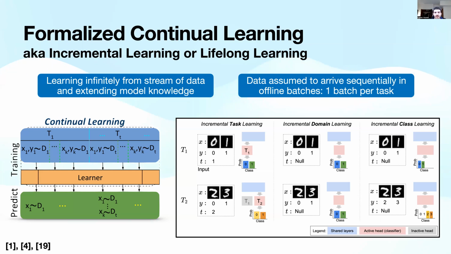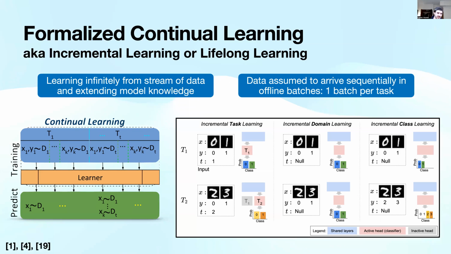The idea here is you have some shared layers and then some active head that's different for each task. It's called a multi-head system. And one thing to note here is that for each example that comes in, we need some kind of task identifier to know which head to use. That's a distinction between incremental task learning and incremental domain and class learning.